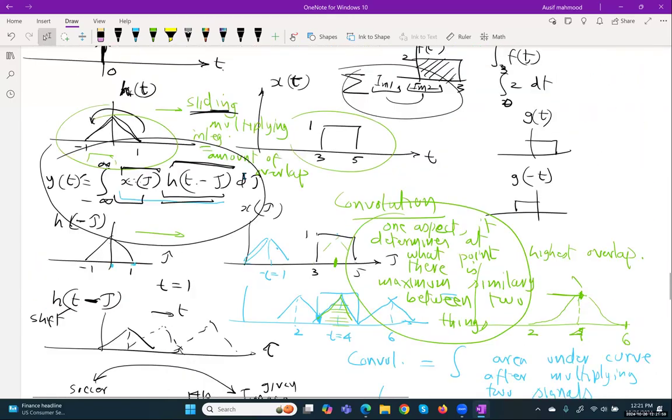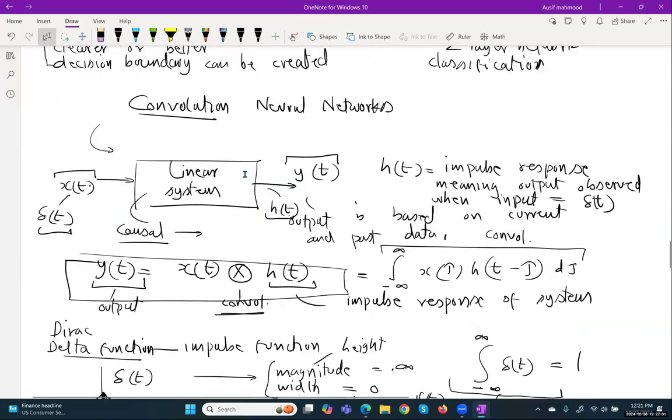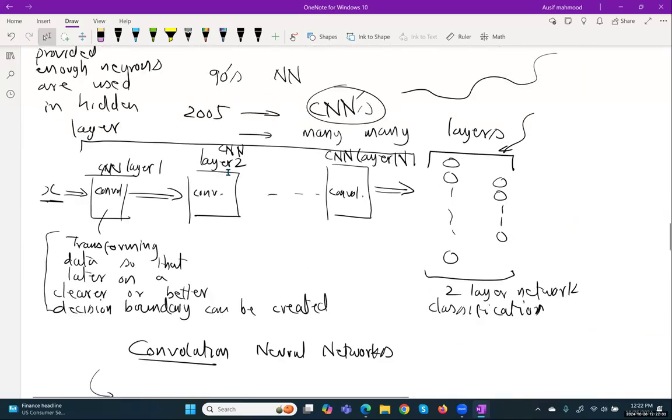Where did my picture go? Right here. Okay. So think of it this way. Perhaps the first convolution we apply, and now let's make this an image, let's say enhances the vertical edges.